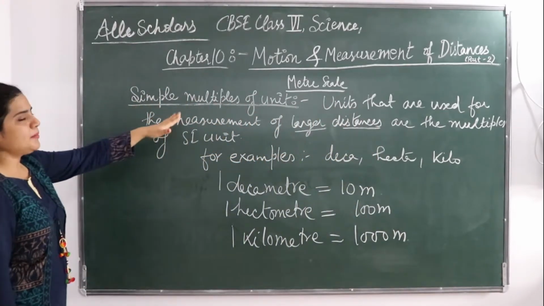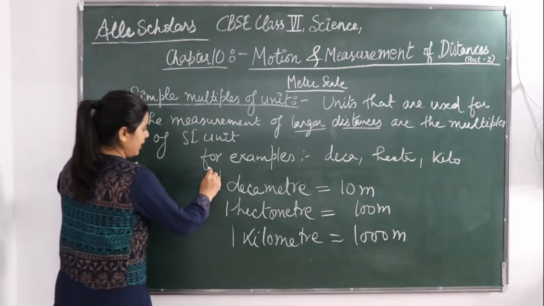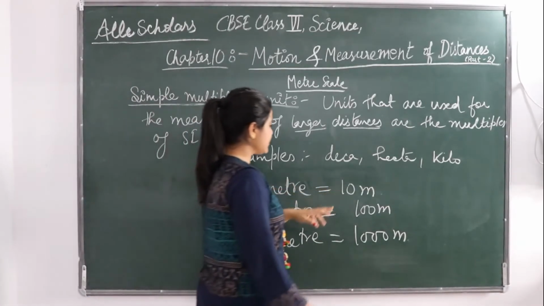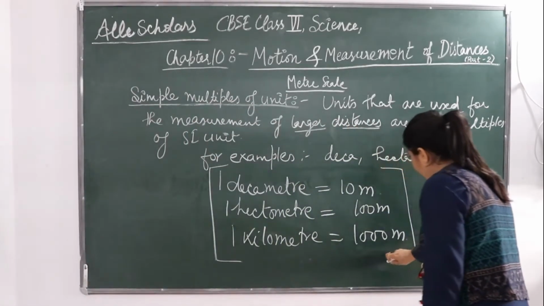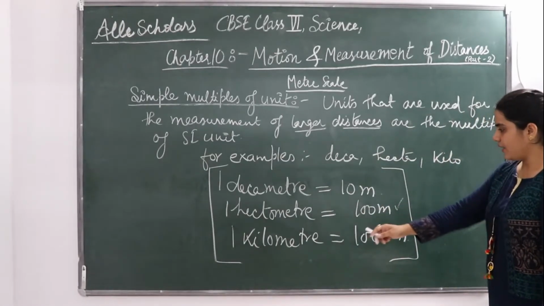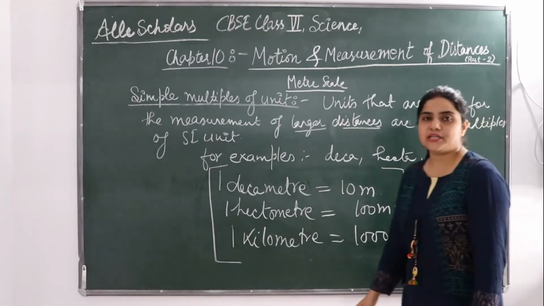So these simple multiples of units are used to measure the larger units. Here I have given you the example of 3. 1 decameter is equal to 10 meters, 1 hectometer is equal to 100 meters, and 1 kilometer is equal to 1000 meters.